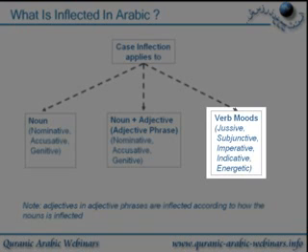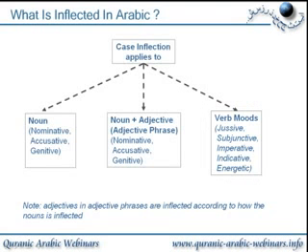And the last one we've got is verbs. Verbs can have what are called moods, and we'll cover these later on. And when you change the mood of a verb, so you've got accusative, subjunctive, imperative, indicative and energetic, then we also do some inflection, i.e. we have to change the i'rab. So that's just an overview there.